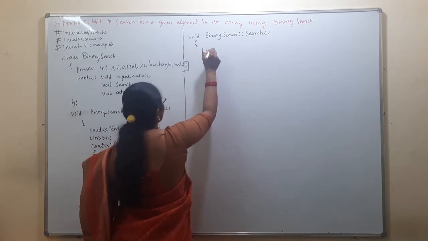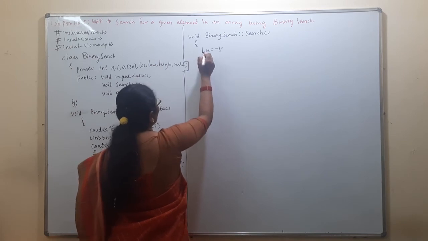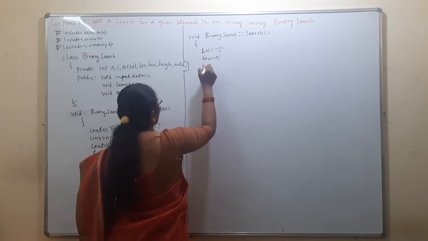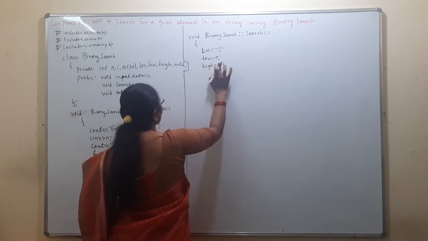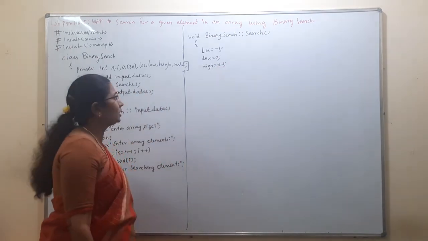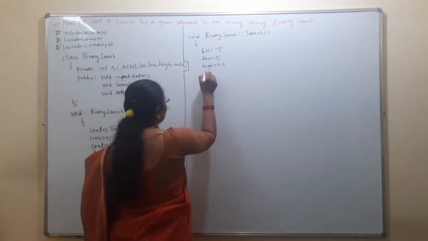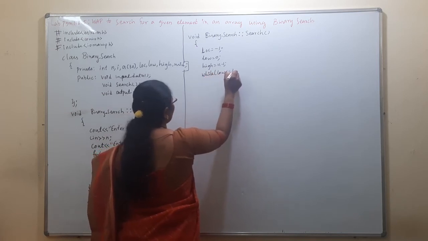So first location equal to -1, lowercase only. Low value equal to 0, high value equal to n minus 1. This completely you need to give, it's compulsory. Then we are entering the while condition, while low is less than or equal to high.